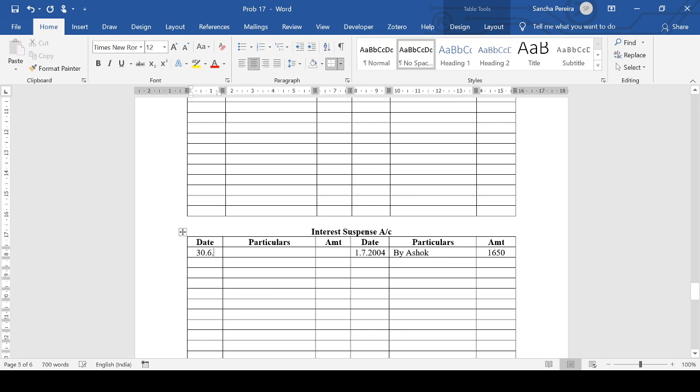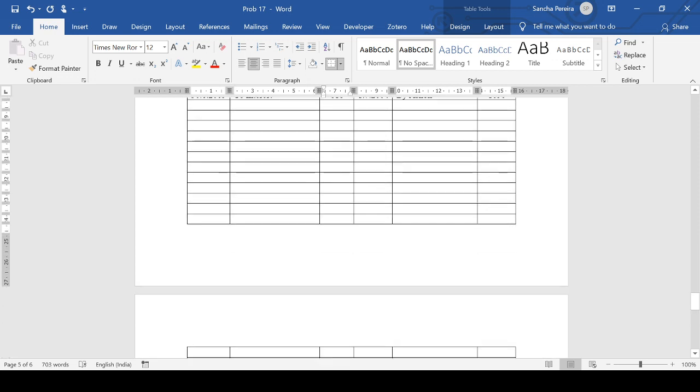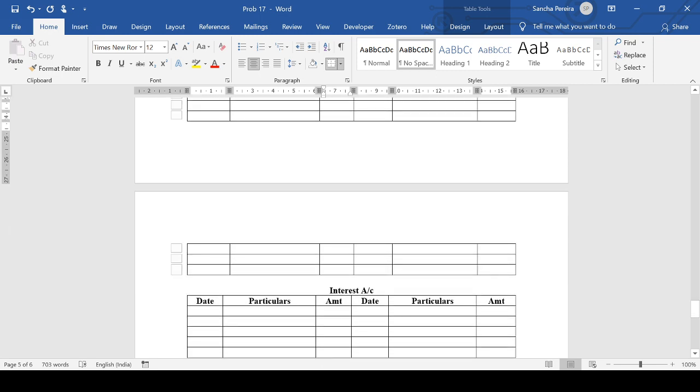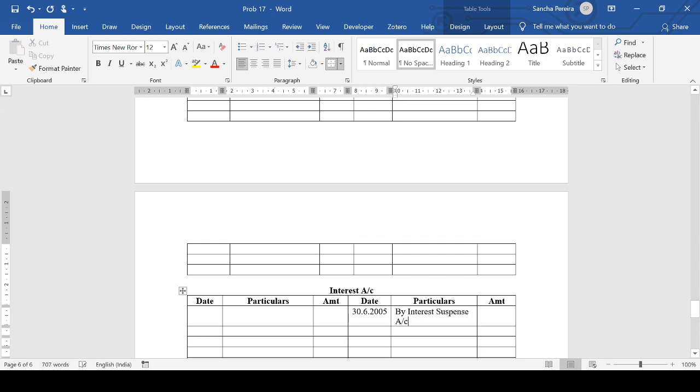Interest suspense account needs to be posted accordingly: 30th June 2005 to interest 818. And in interest account it will be 30th June 2005 by interest suspense account 818.